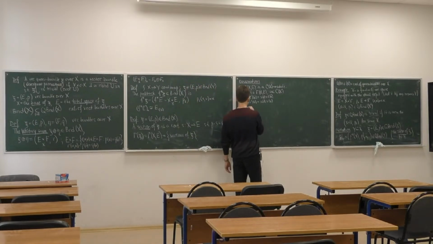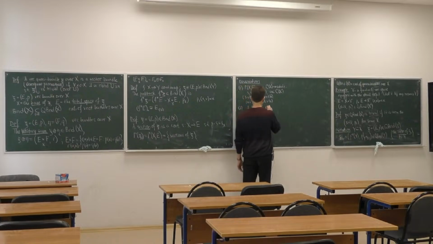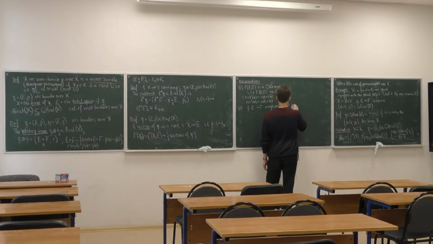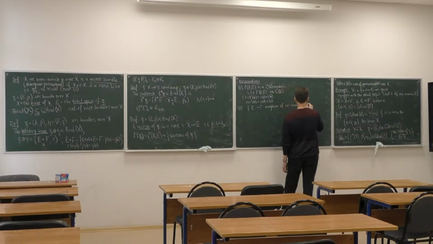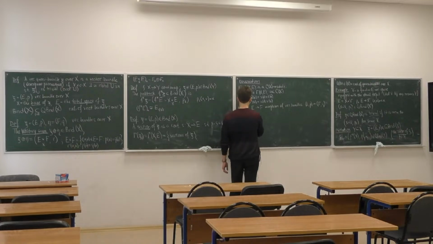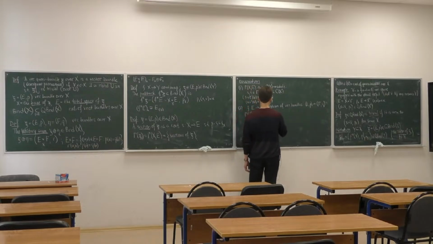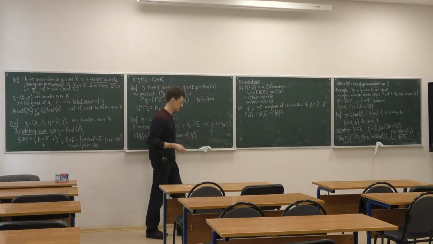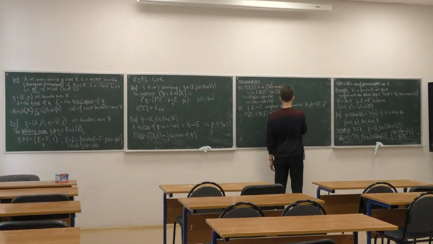If we have a morphism F of vector bundles from E to F, then it induces a homomorphism of the modules of sections, Γ(E) to Γ(F), just by composing every section with F. So it takes every section S to the composition of F and S.